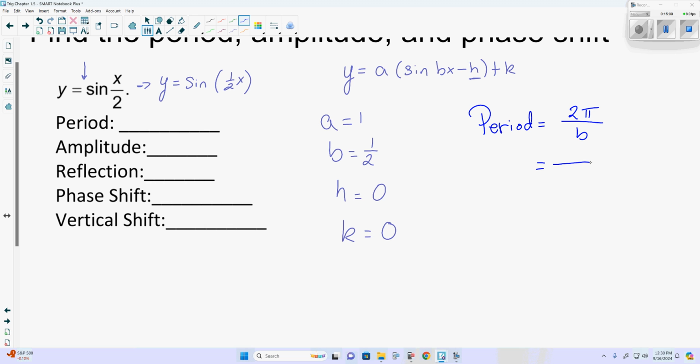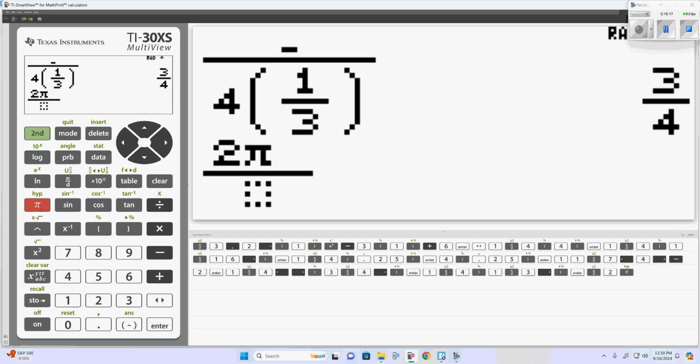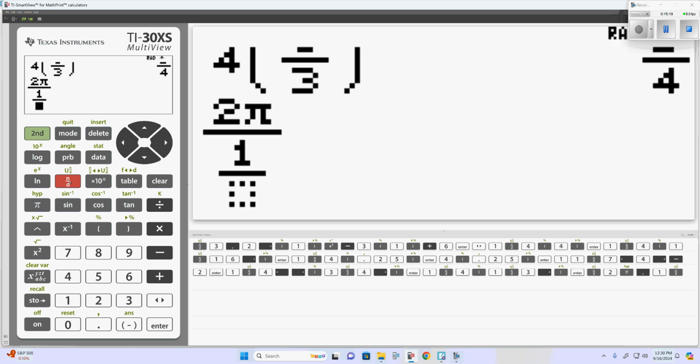Now the value b in our case is what? 1/2. So we would just plug 1/2 in for b, telling us that the period is 2 pi over 1/2. Well, we can't leave a fraction in a fraction, so we will need to simplify, and the calculator will simplify this to 4 pi.